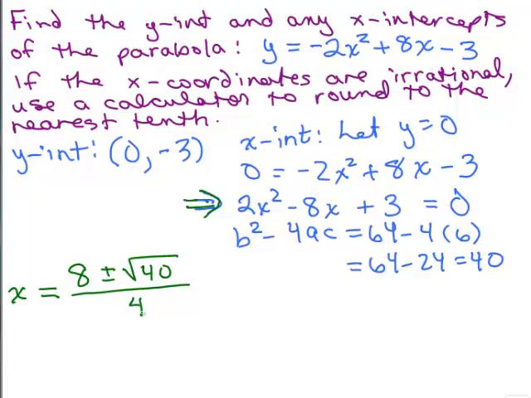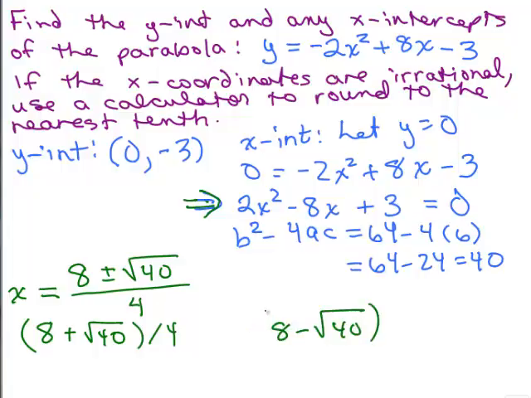This gives you two solutions for x. You can simplify this, or you can put it in your calculator as is. One will be 8 plus the square root of 40 for the numerator, divided by 4. And the other one will be 8 minus the square root of 40 divided by 4. There's two different values for x.